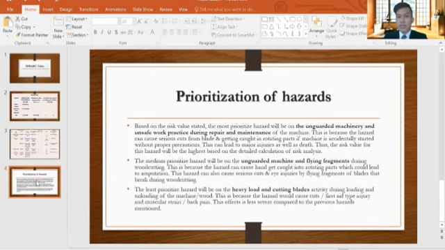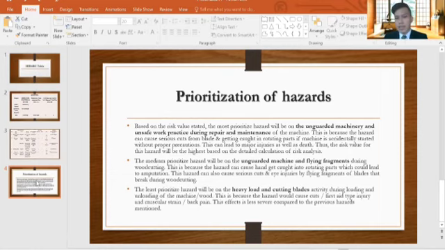The second prioritization would go to the medium prioritized hazards, which are the unguarded machine and flying fragments during the wood cutting process. This is because the hazard can cause our hand to get caught in rotating parts, which could lead to amputations.